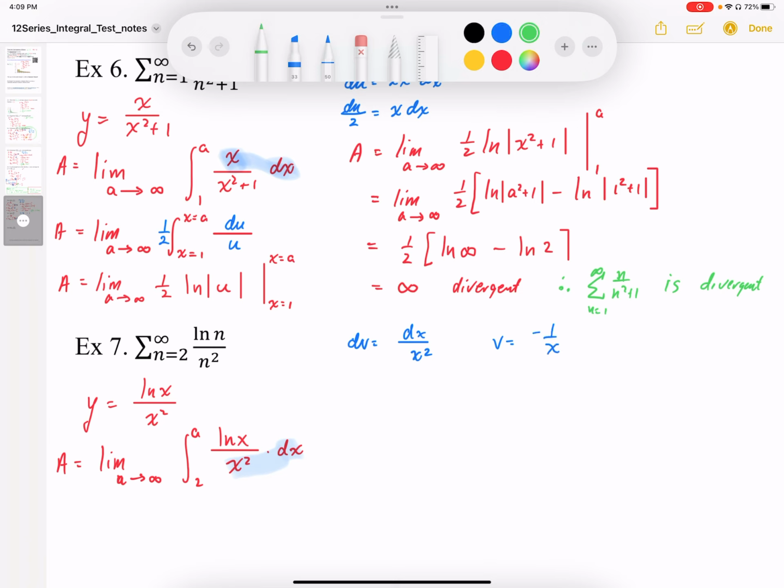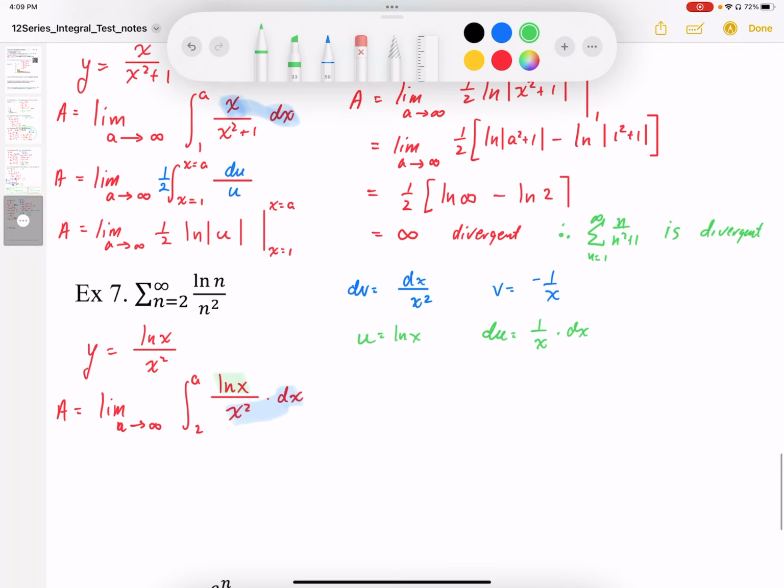Our u term is going to be the log x. So u is equal to log x. So our du is equal to 1 over x dx. Okay, so then I'm going to use my parts formula.